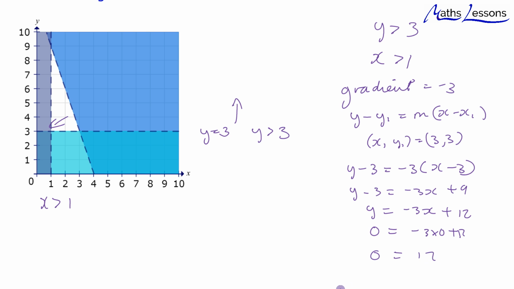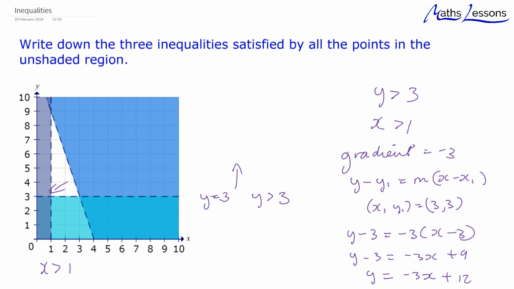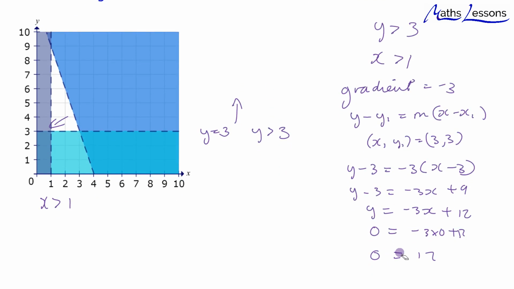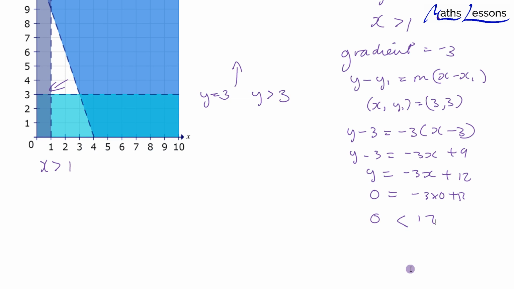Well, it doesn't equal 12, it's less than 12. So to make that into something that is true, we turn that into 0 less than 12. So therefore, you want this to be a less than sign.